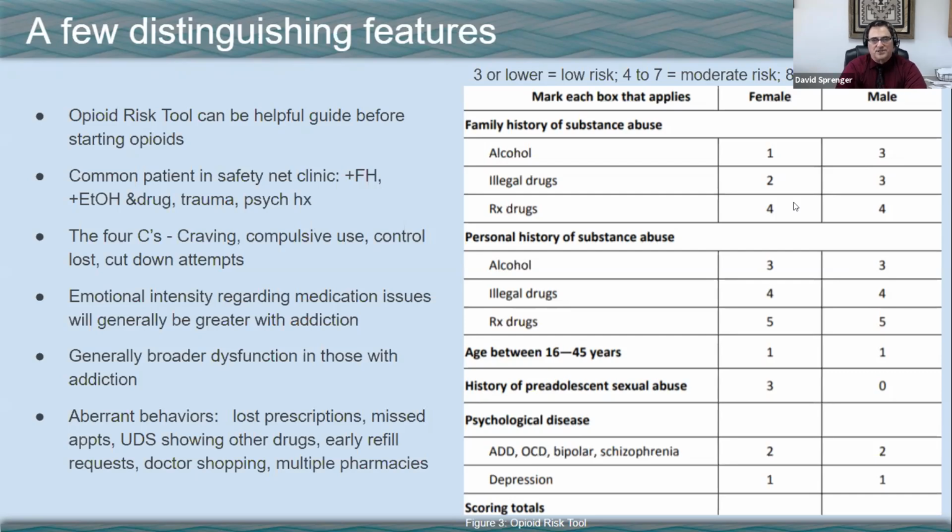And then, of course, looking at some of the aberrant behaviors that you are all familiar with: I lost my prescription, missing appointments, urine drug screen showing other things, marijuana, which is a real common one, but methamphetamine, other benzodiazepines that shouldn't be there, early refill requests, doctor shopping, multiple pharmacies, etc.